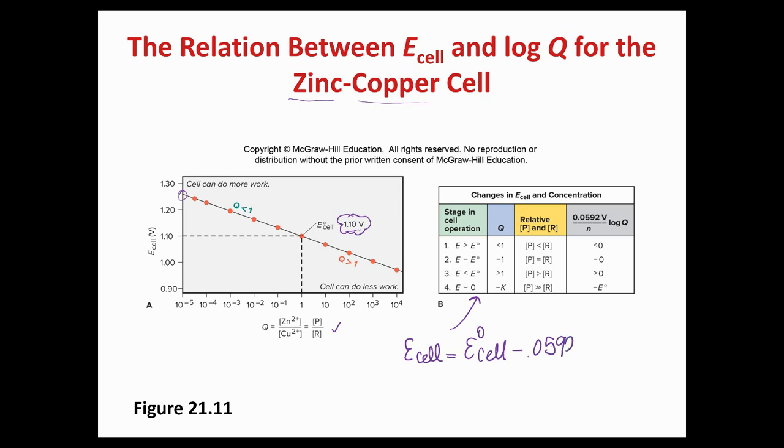So here's our Nernst equation. Let me show you something. At equilibrium, E of cell, the non-standard one, is 0.